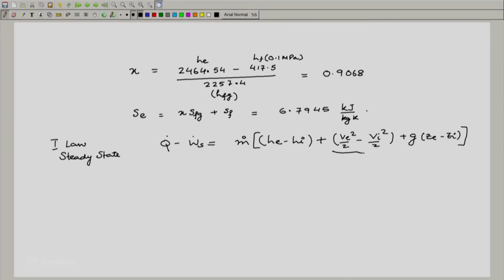So, we put these as nearly equal to 0, and we have been given it is an adiabatic turbine. There is no harm in then putting Q dot is equal to 0, and then we get W dot S is nothing but m dot Hi minus He.